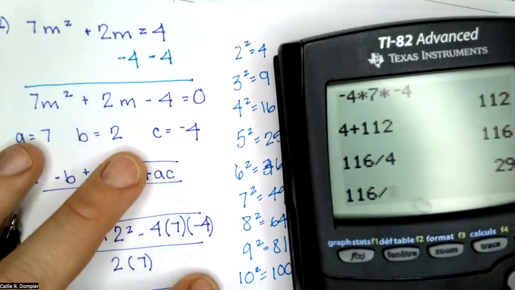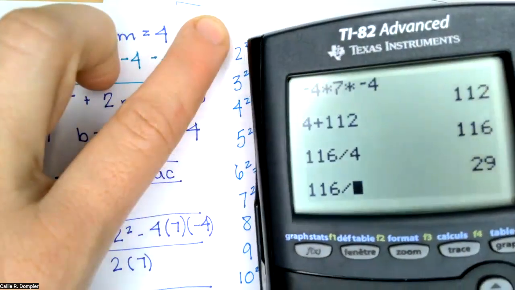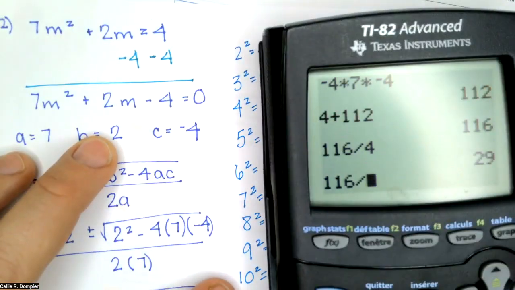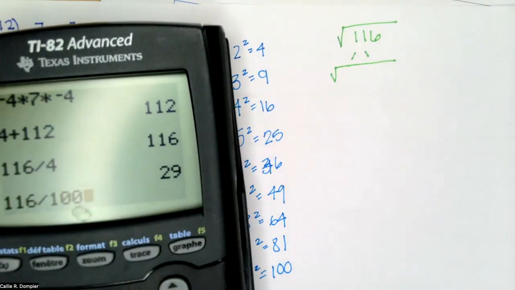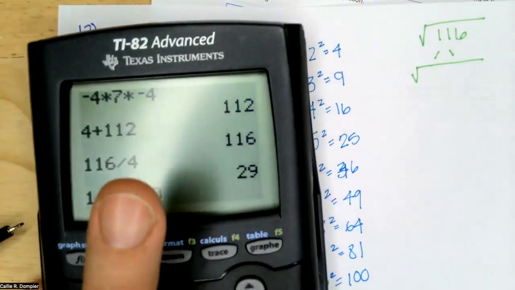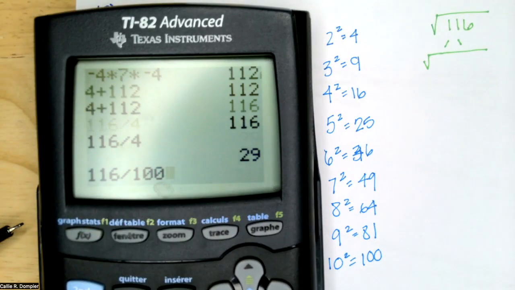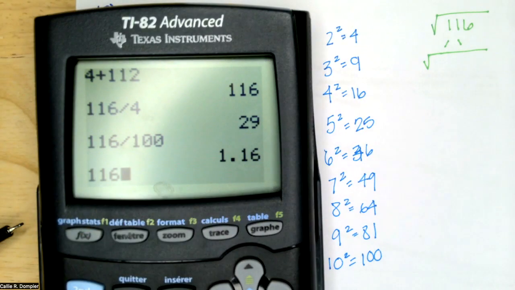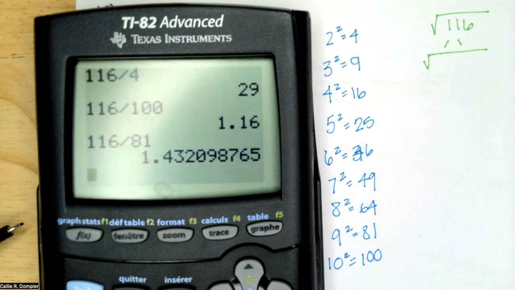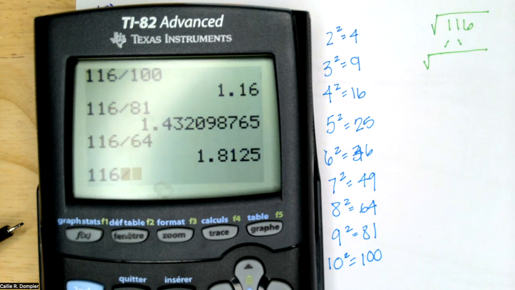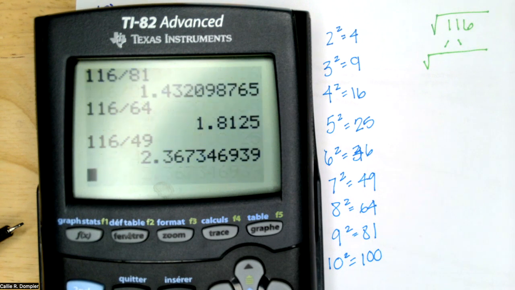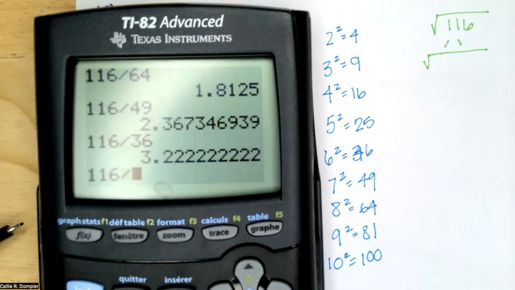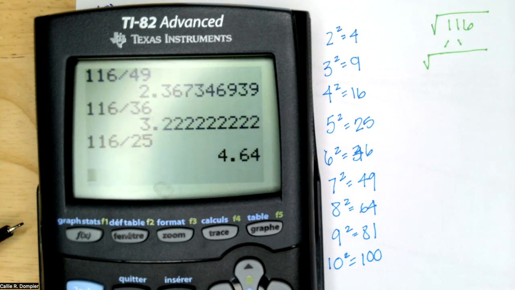So if you want, you can take 116 and divide it by each of these to find out what perfect square comes out. 116 divided by 100, for example. No. 116 divided by 81. No. 116 divided by 64. No. 116 divided by 49. No. 116 divided by 36. No. 25. No. 16.